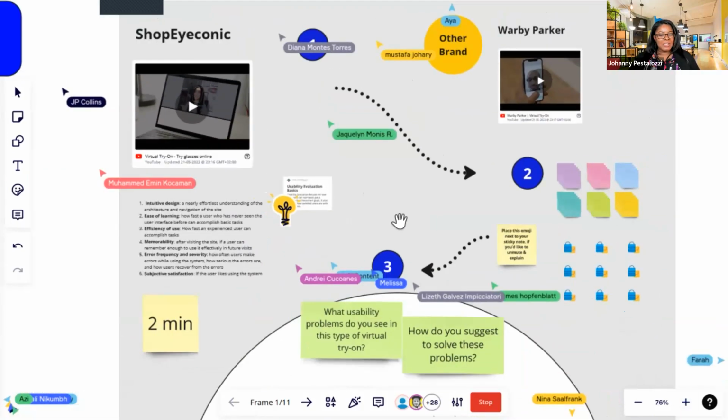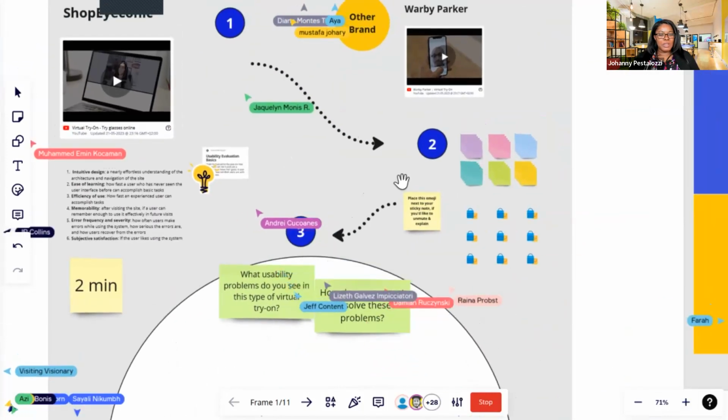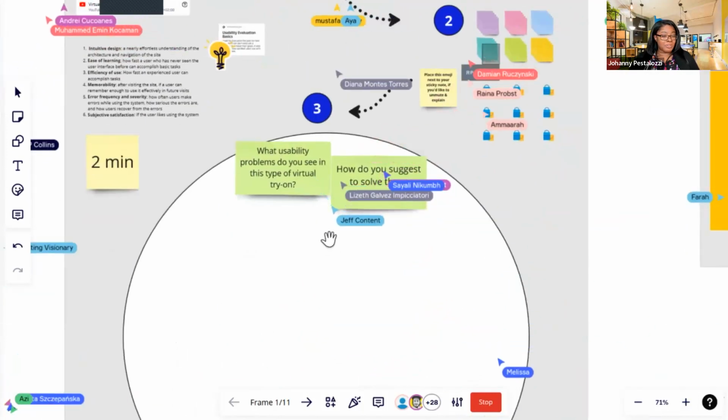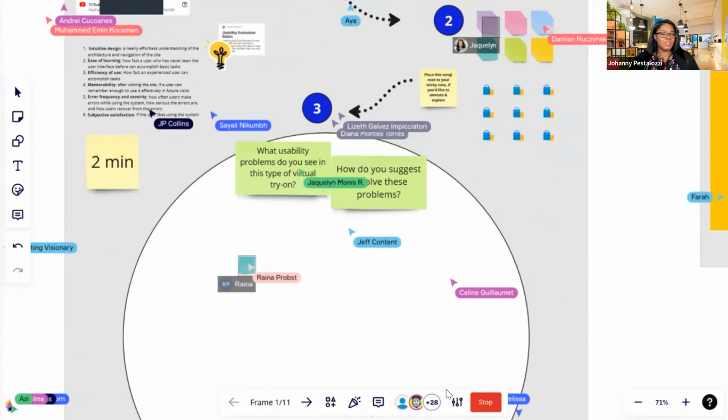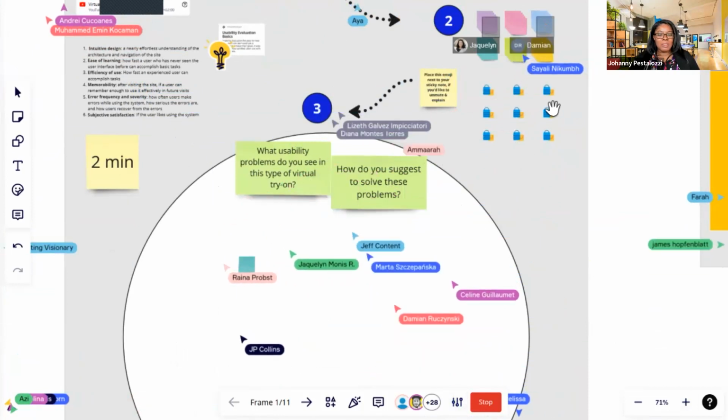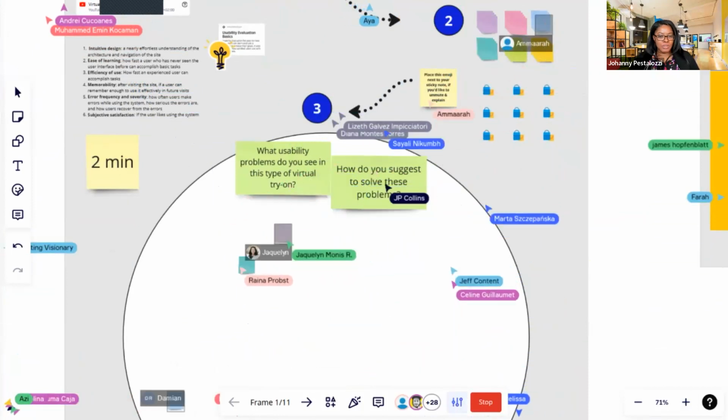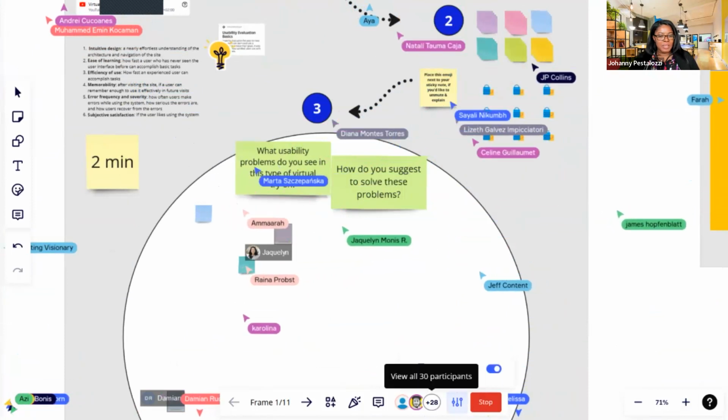Okay, this one was pretty much to the point. And let's do the same exercise. Please grab a sticky note and then write the problems that you see and how you would solve these problems. And again, please place an emoji in case you would like to describe your answers.